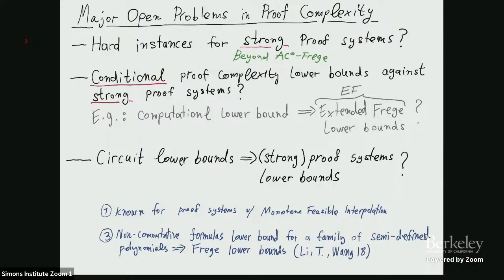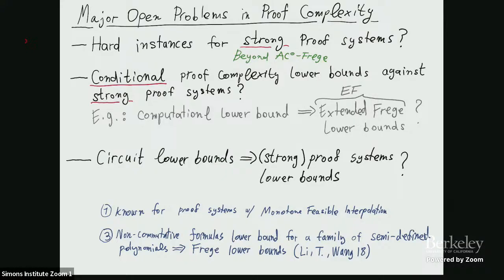Right. Also mostly open. There are a lot of results here in the regime of weak proof systems that I haven't specified precisely. Maybe the most prominent is the interpolation technique that we've already heard of.